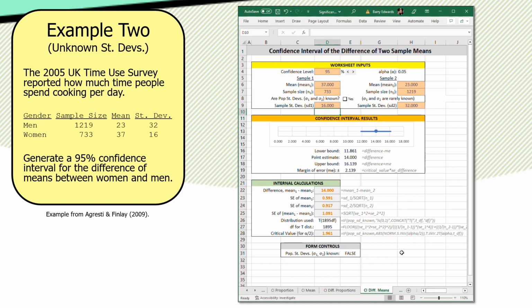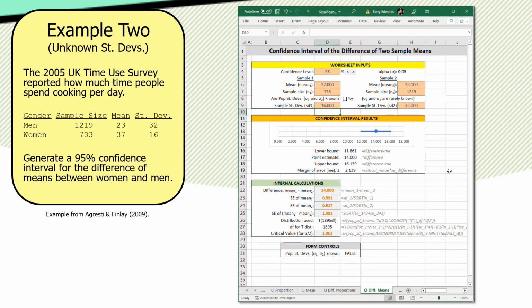What happens is it switches to, with unknown standard deviations, it's using a t-distribution for inferences about the estimate, whereas in the first example with known population standard deviations, it uses a standard normal distribution. The t-distribution is, I guess you would say, more conservative because it gives a wider confidence interval than the standard normal does, and does that to account for the estimate of sample standard deviation.